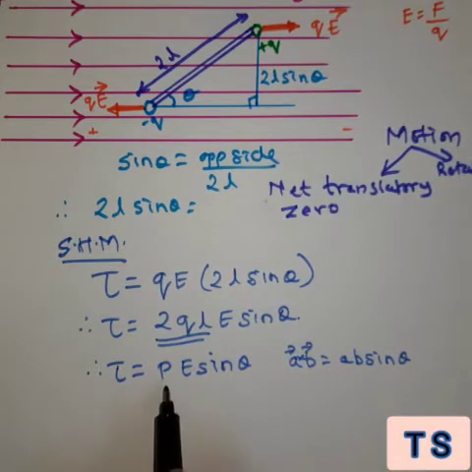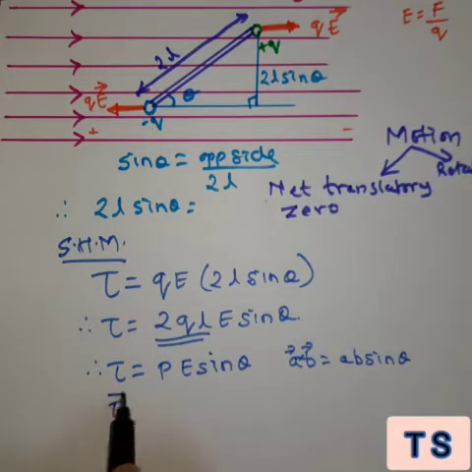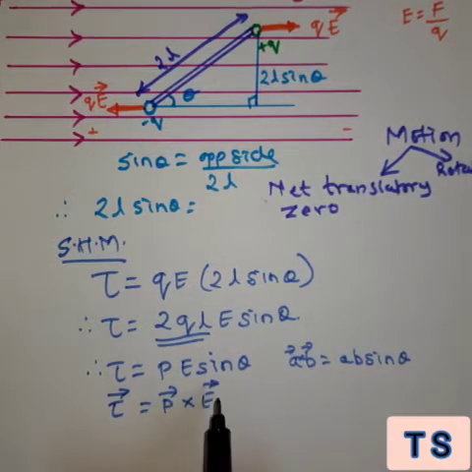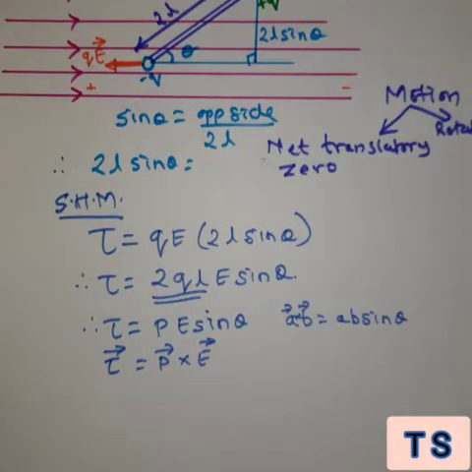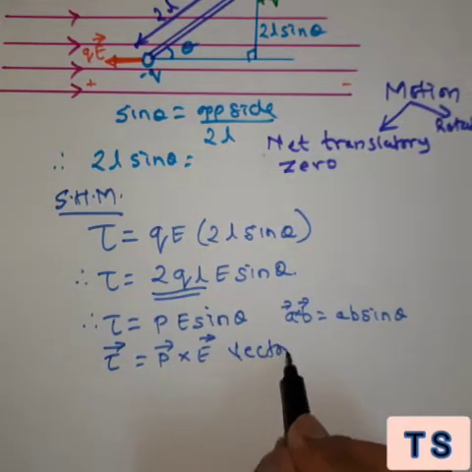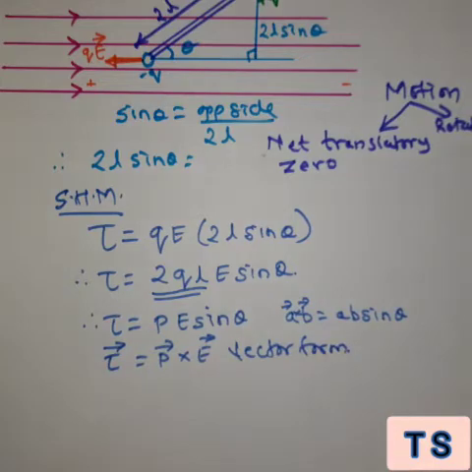In the same way here, it's PE sine theta, and when I write this in the form of a cross product, I get P bar cross E bar. So torque equals P bar cross E bar is the formula for torque in vector form, and the unit will be Newton meter.